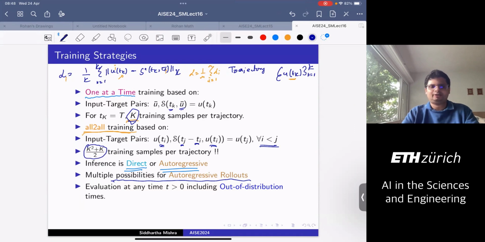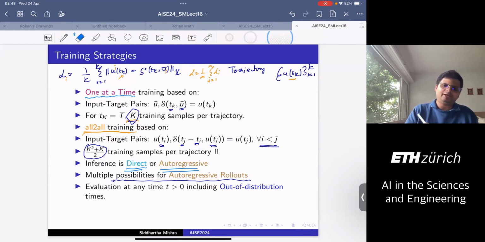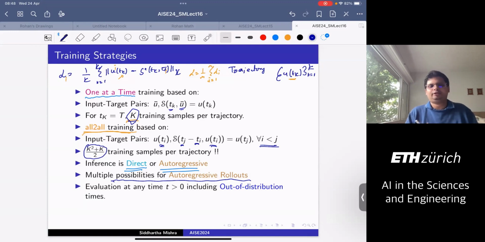But we can make continuous time predictions, in particular at what are called out of distribution times. What do I mean by that? These are times that have not been seen during the training process, and I'll give you examples. So we have a new training strategy, which accumulates data in a nice manner, gives you a lot of flexibility at the time of inference, and allows us to learn the entire operator.